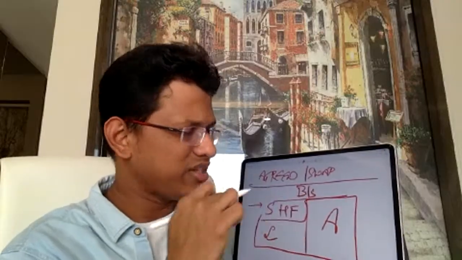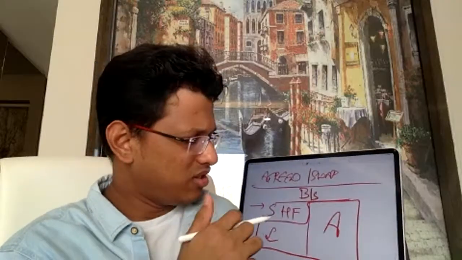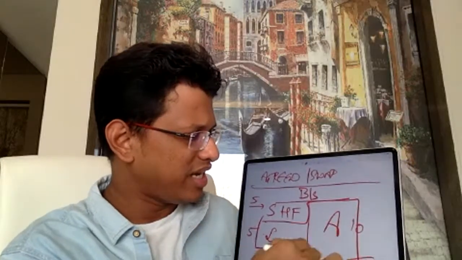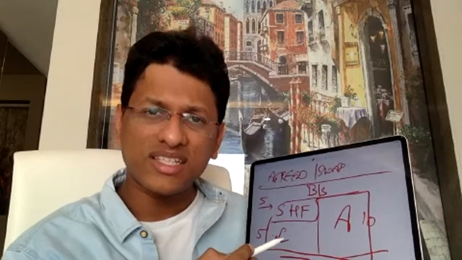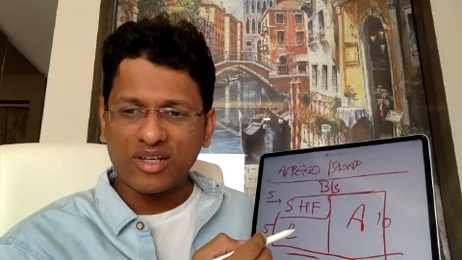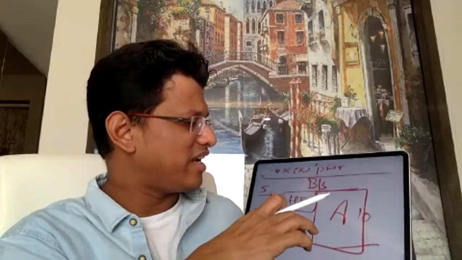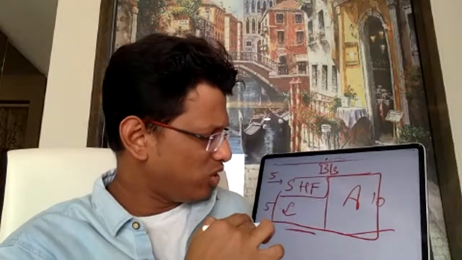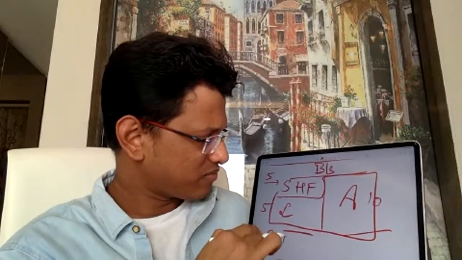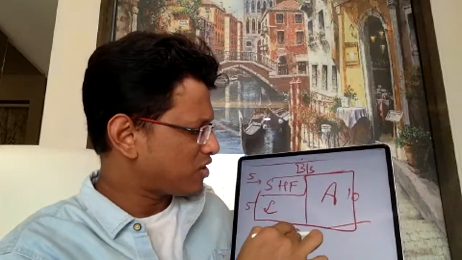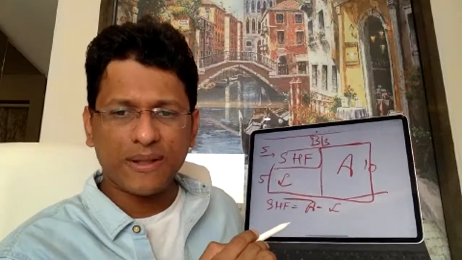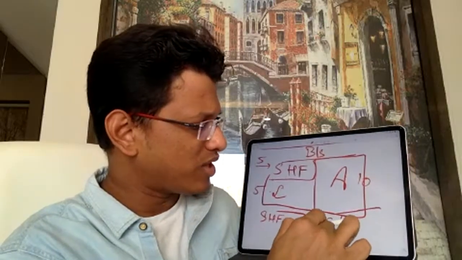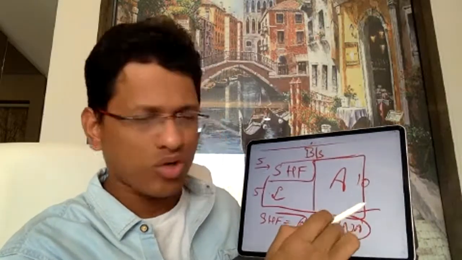So if shareholders funds are 5, liabilities are 5, assets should be 10, because these days balance sheets are tallying. Even after Corona, I heard that balance sheets are still tallying. So no problem. So here we have shareholders funds, assets minus liabilities, which we are calling net assets also, right?